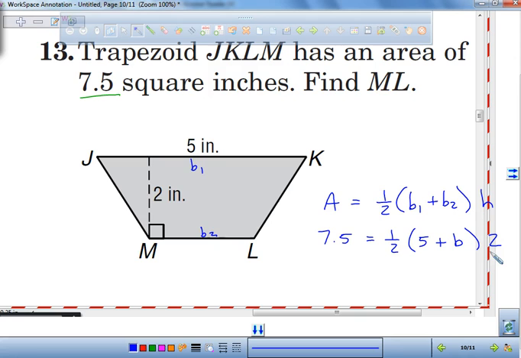You're going to have to solve for B. Now, I don't know if some of you saw this. It's kind of cool. See that half? You see the 2? Take half of 2. Those will just cancel each other out. So literally all you have to do is find what number plus 5 is 7.5, and that's your empty number.